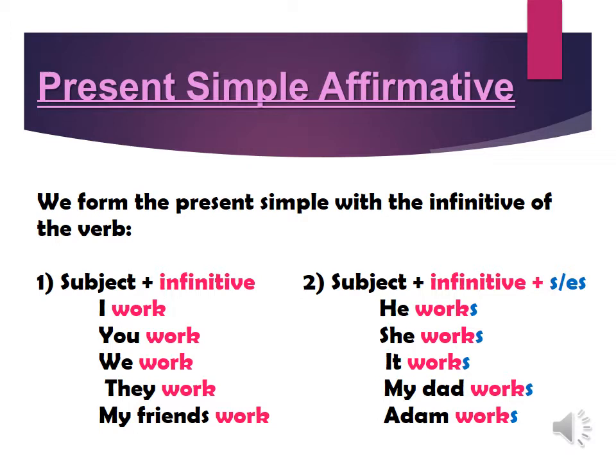Like I work, you work, we work, they work, my friends work. But with he, she, and it and singular nouns, we have to add s, and in some situations we can add es. Like he works, she works, it works, my dad works, Adam works.